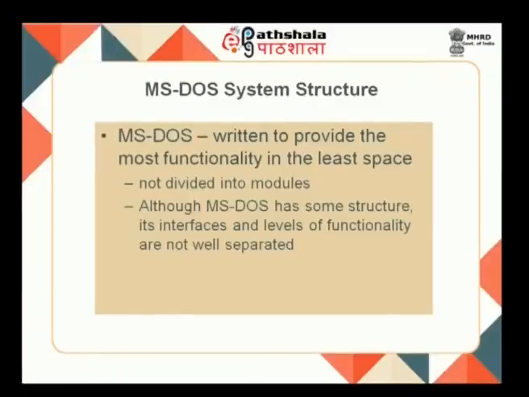When it was written, the people who wrote this operating system did not really think that it would become a great success, and they did not divide it into modules. The OS was not divided into modules. So, it has some structure, but the interfaces and functionality were not properly separated, and hence there were a lot of security problems in this operating system.